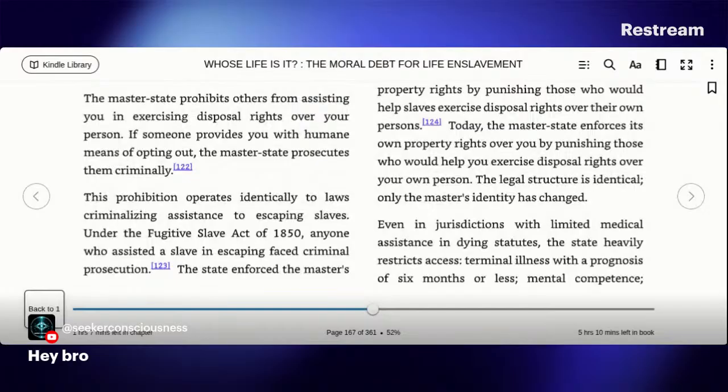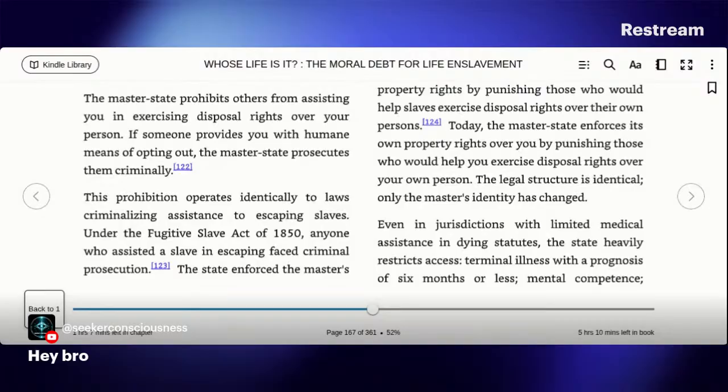The master state prohibits others from assisting you in exercising disposal rights over your person. If someone provides you with humane means of opting out, the master state prosecutes them criminally. This prohibition operates identically to laws criminalizing assistance to escaping slaves. Under the Fugitive Slave Act of 1850, anyone who assisted a slave in escaping faced criminal prosecution.